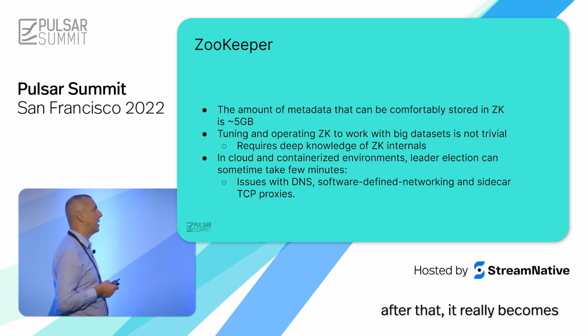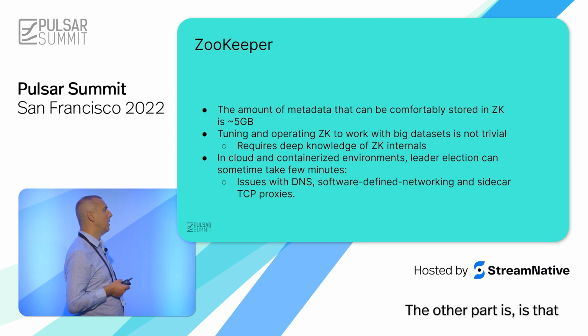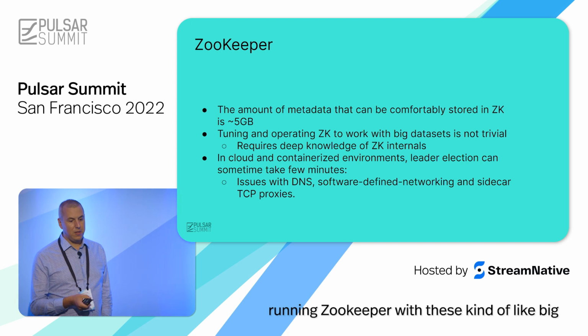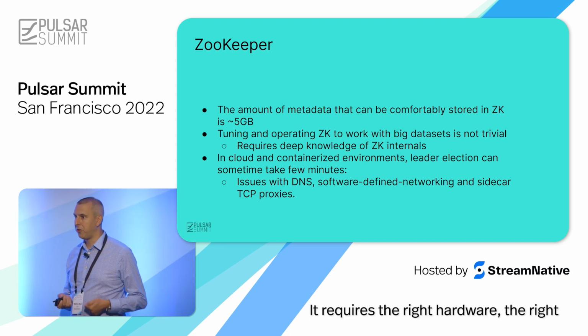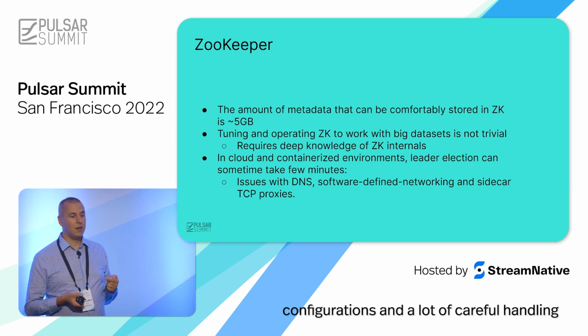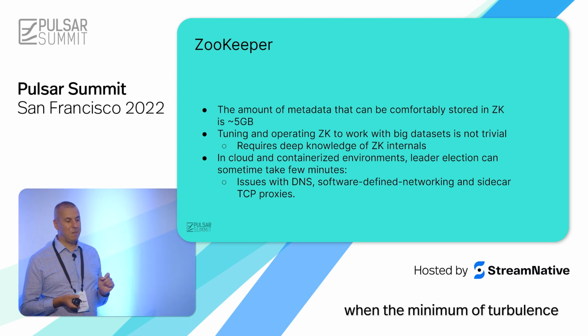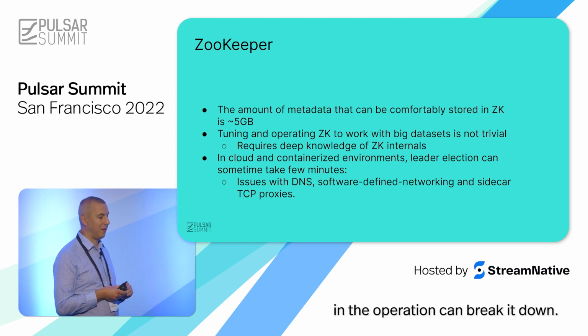After that, it becomes very challenging for ZooKeeper to handle the dataset. The other part is that running ZooKeeper with this kind of big dataset is really not trivial. It requires the right hardware, the right configurations, and a lot of careful handling. Minimal turbulence in the ZooKeeper operation can really break it down.